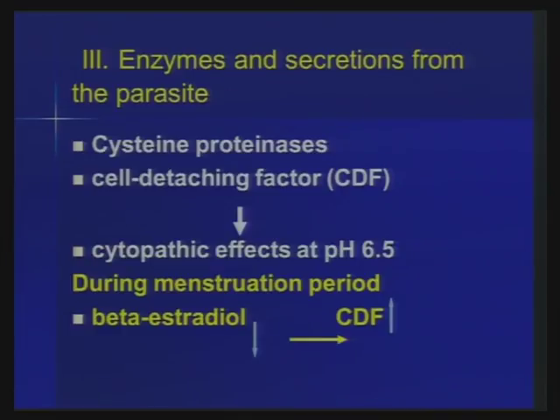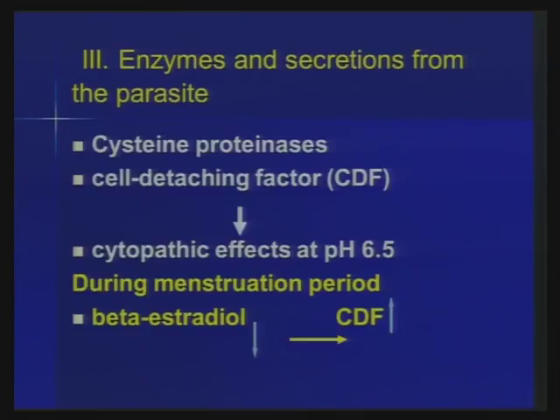And this works at pH 6.5. Very good at 6.5. But during the menstruation period, we have the beta estradiol decrease. And once the estradiol decreases during the menstruation period, the CDF factor increases. So this occurs during the menstruation.